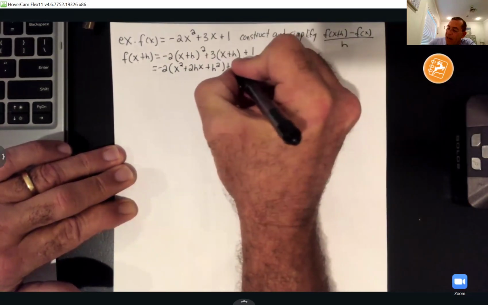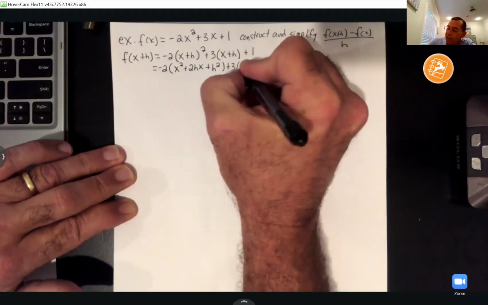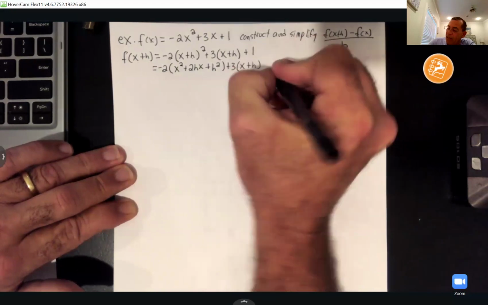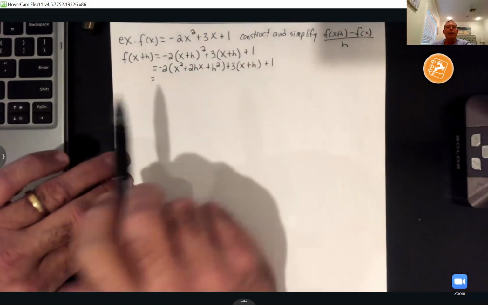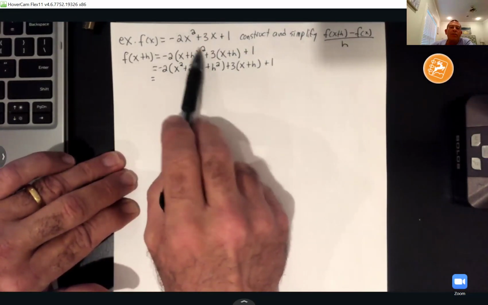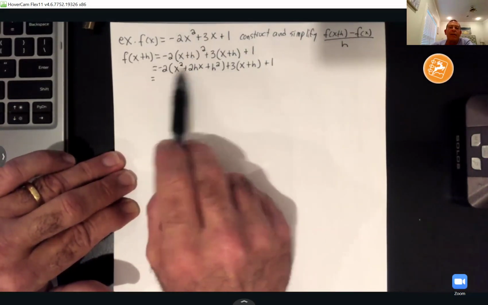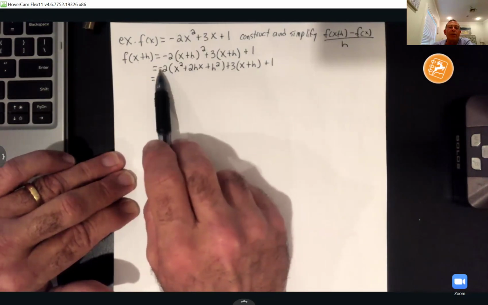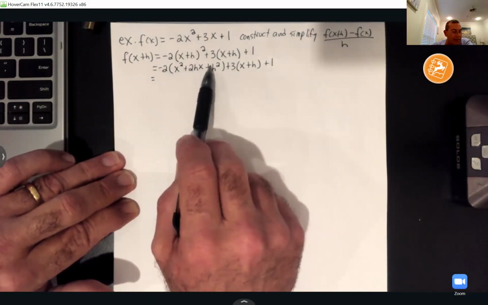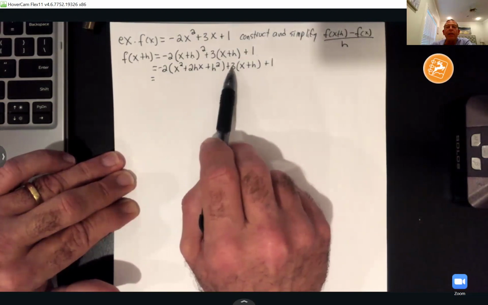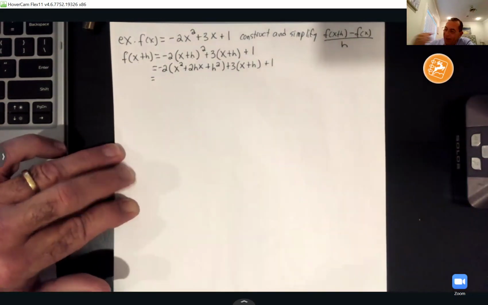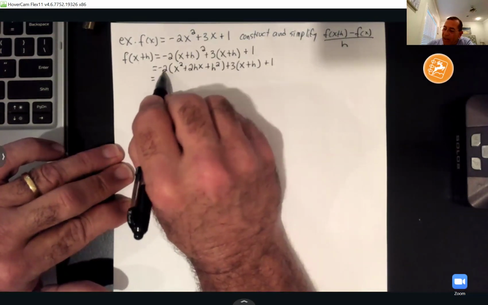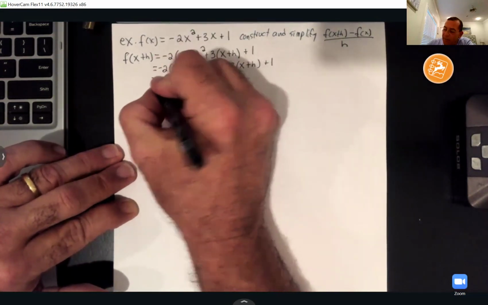And then I'm bringing everything else down. 3 times my x plus h plus my 1. Now, all I do on my first step is square this stuff. Now, I'll distribute my 2 through the first parentheses and my 3 through the second parentheses and bring down the 1. So distributing the 2, I get negative 2x squared.